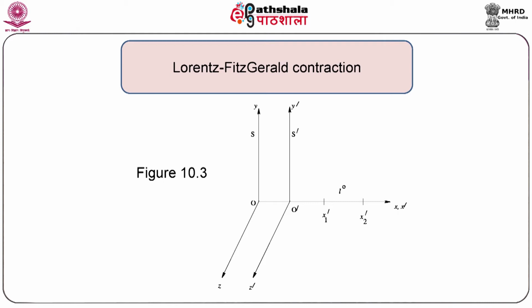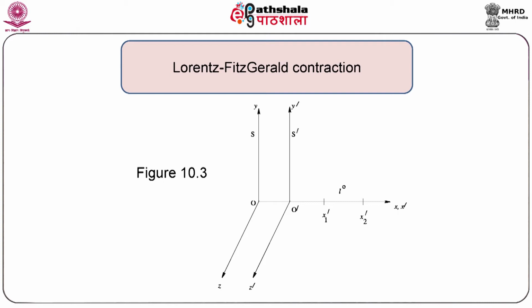So, one end of the rod has a fixed position. Let one end of the rod be at the position x dash equal to x1 dash, while its other end is at the position x dash equal to x2 dash.